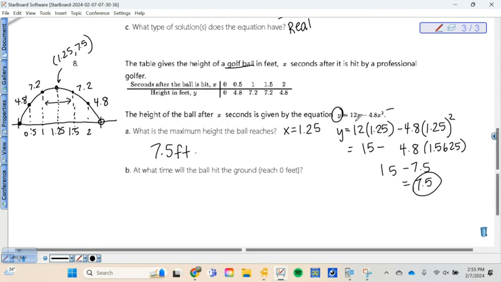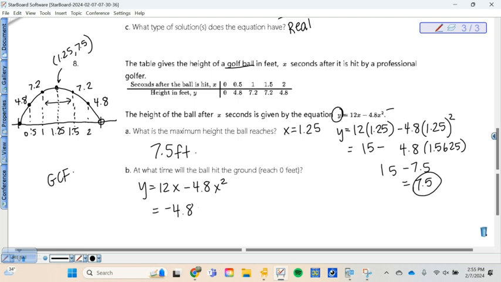So let's take our equation. y equals 12x minus 4.8x squared. And I'm going to factor this, but not like this way. I'm going to GCF factor this. I can see that I can take negative 4.8 out of here. This is kind of a mean problem.